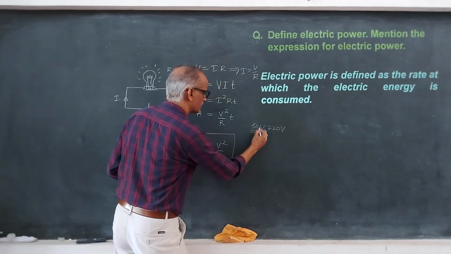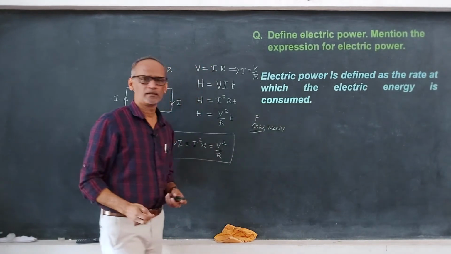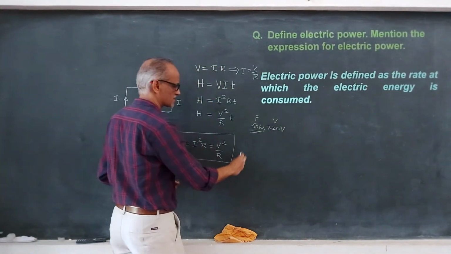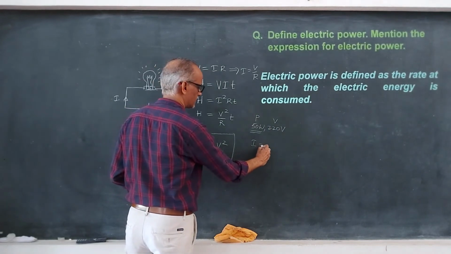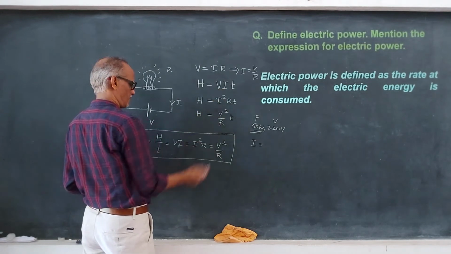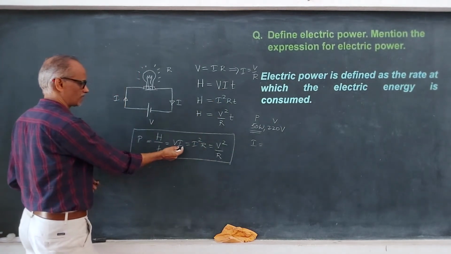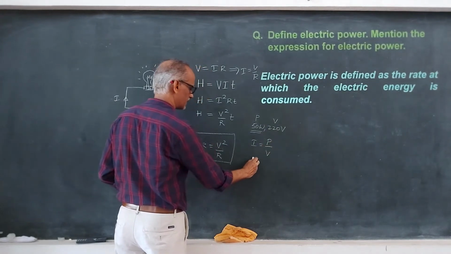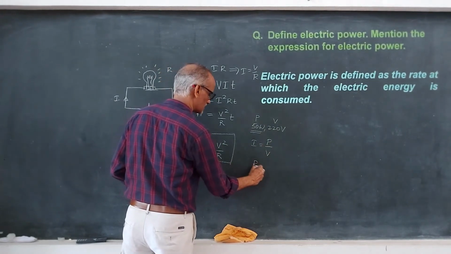So, 50 watt is the maximum power that the device can consume when you apply a voltage of V. From this, I can find I: I is equal to P by V. You can even find the value of R, using R is equal to V by I.